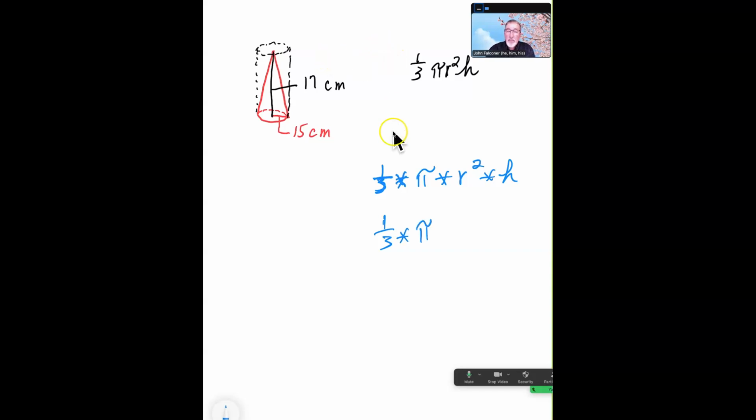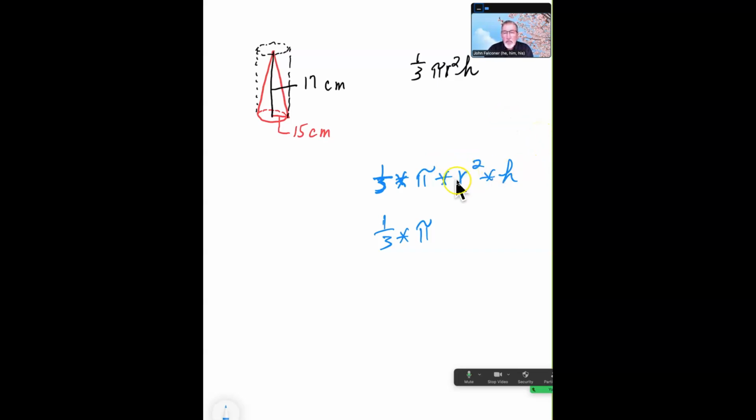And if on the GED it says pi is equal to 3.14, use 3.14. Do whatever they tell you to do, or you may get the answer wrong. Pi as a symbol has a lot more precision on most calculators. It will go out to maybe 10 or 20 places, depending on the calculator.